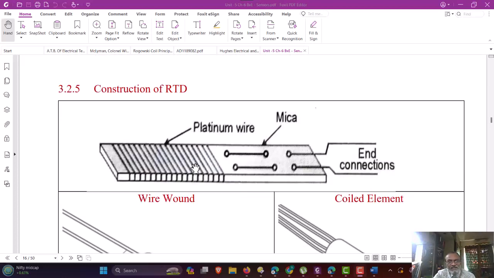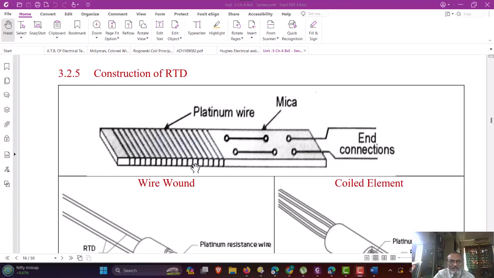Now see the construction of RTD. RTD is a simple resistance wire. It consists of an insulating former, mostly the mica former, which is electrically insulating, and on which the platinum wire is wound, and two ends of the platinum wires are taken out, and this is the sensor.